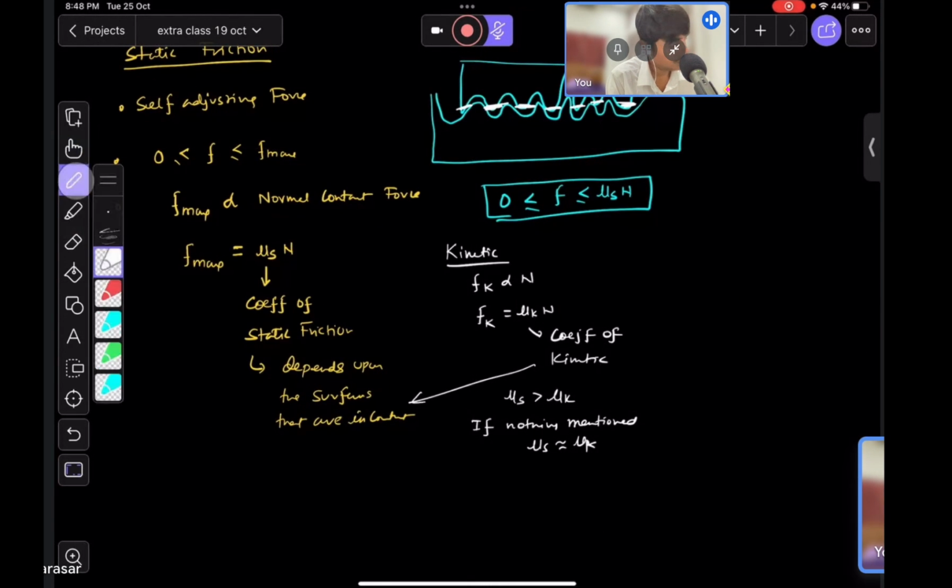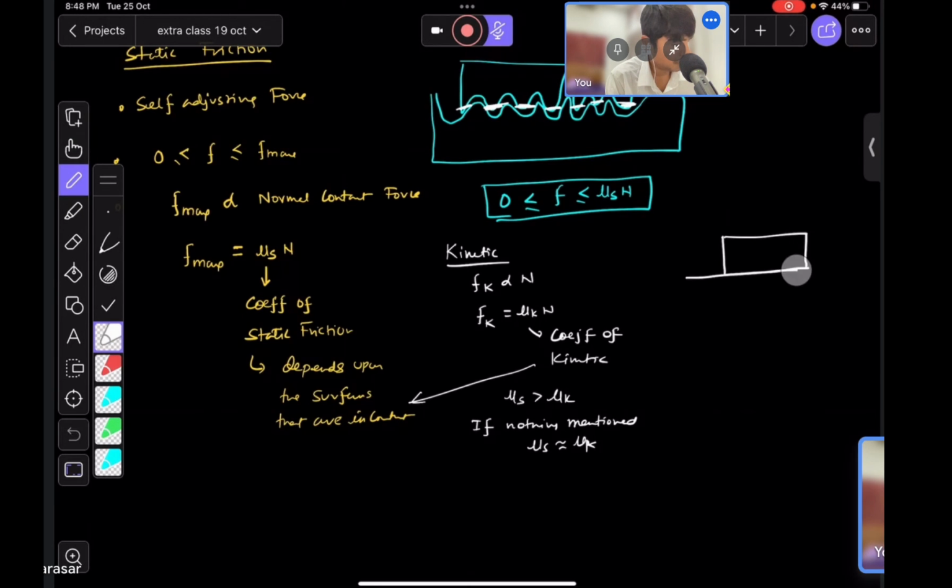Suppose I keep a surface like this, a block like this, same block of mass m, then I keep the same block like this. In either case, the normal contact force will be same or not? Same, no? All of you can look and tell. Upward N, downward mg. So normal contact force is the same.